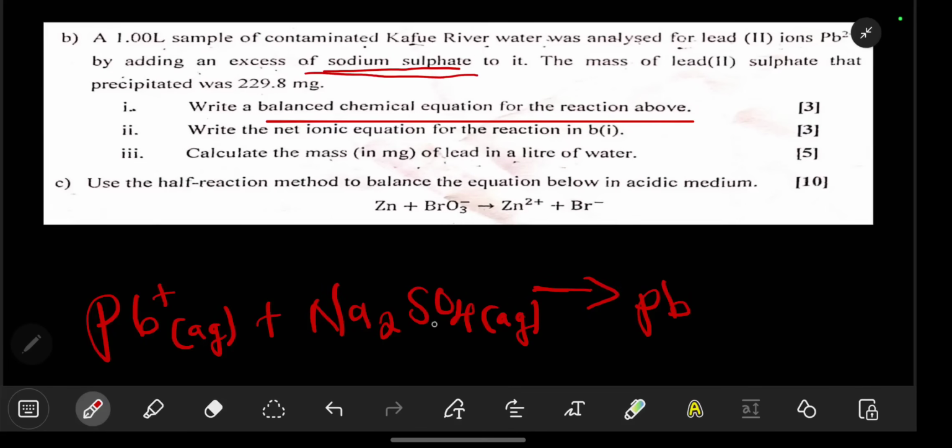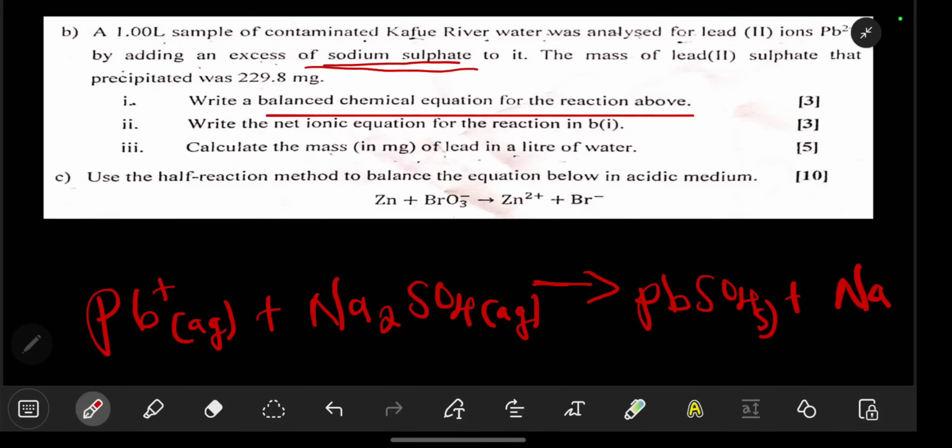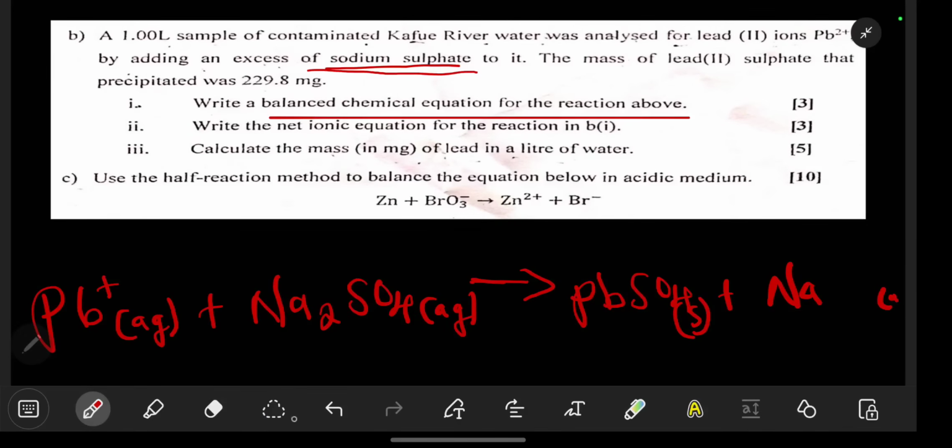Lead will displace the sodium, so it will be PbSO4. Remember, lead has a valency of 2. Then plus the sodium. So this is the precipitate that is formed. This can even be in aq state or solid. The state symbols here are not important, but for this one, since it's a precipitate, you have to add the solid there. So remember one cardinal thing.